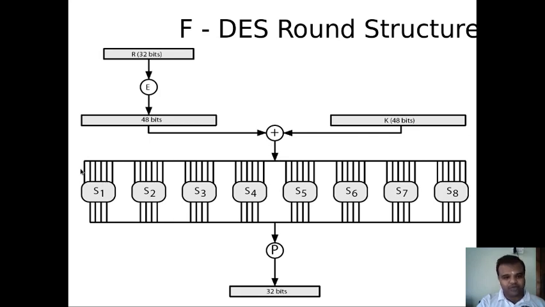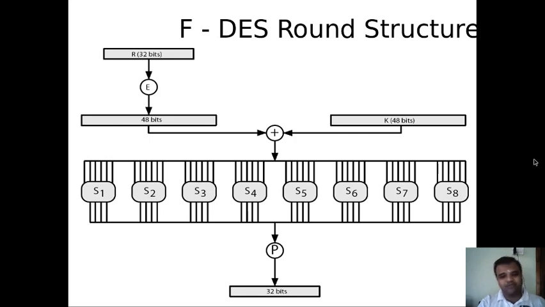So 48 bits, you have 8 boxes, 6 bits each going in. So you have 6 bits going into substitution box 1. You call that S box 1. The next 6 bits go into S2, the next 6 bits into S3, all the way up to 8.